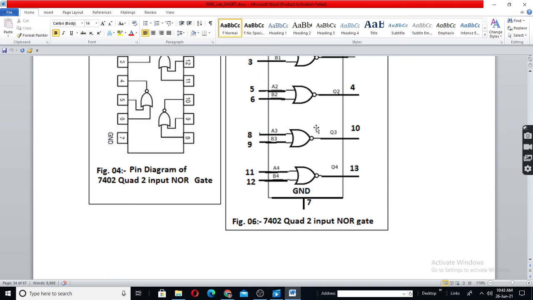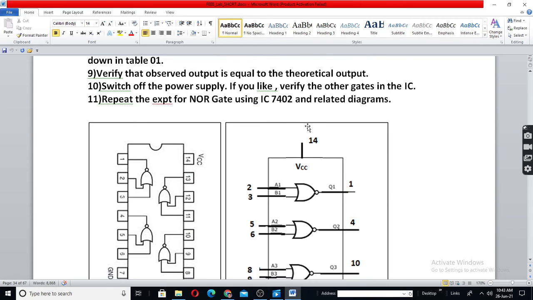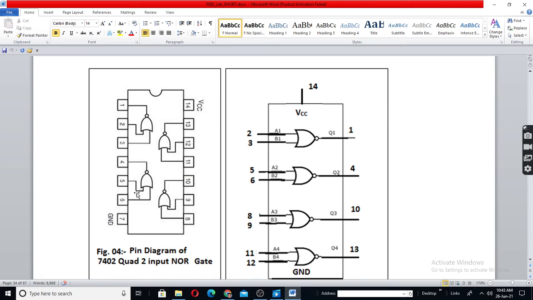See, NOR gate has a little bit different structure. 1 is output, 2, 3 input. See, 1 is on the right-hand side, 2, 3 are inputs, because the output is upward.